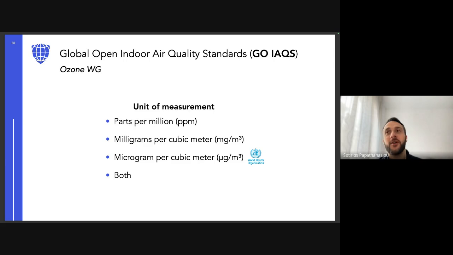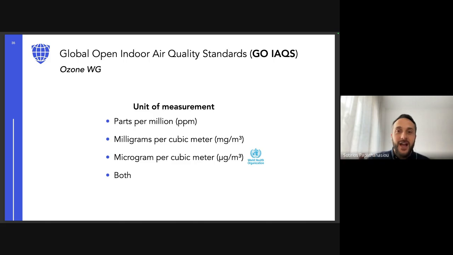But in many cases, we are talking about how we can correlate all of those numbers that we have measured with health effects. And the scientific community, epidemiologists also, use those numbers to determine, for example, that every increase of 1 microgram per cubic meter gives an increase in the chances of cancer, let's say as an example.